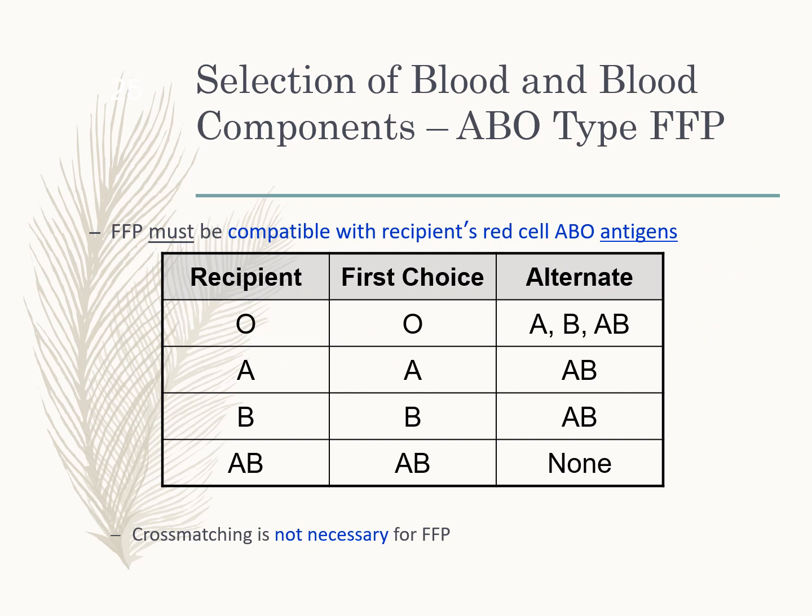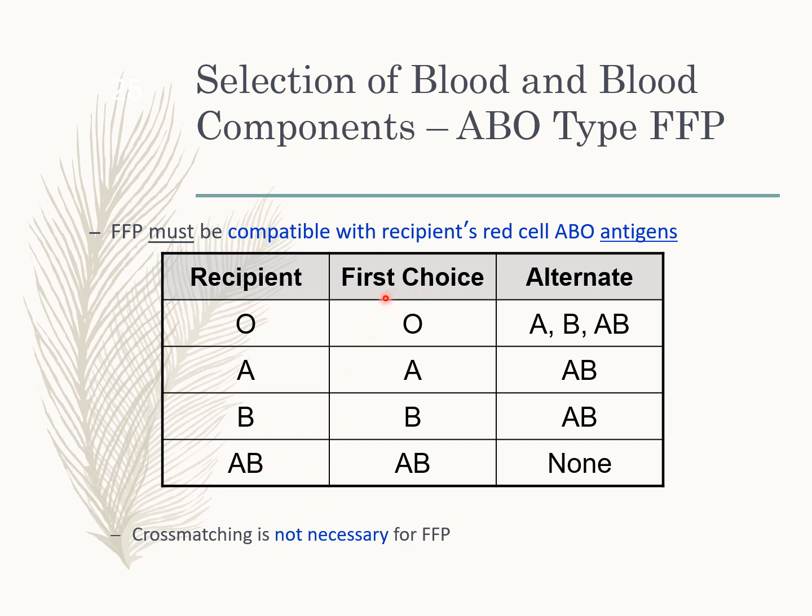So when we're selecting for plasma or FFP, the FFP must be compatible with the recipient's ABO antigens. Remember that FFP has the antibodies from the donor. So if the recipient is O, they can get an O unit. But if the recipient is AB, they have A and B antigens on their cells.